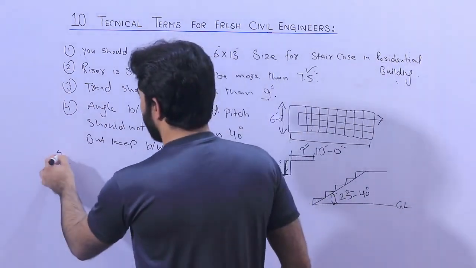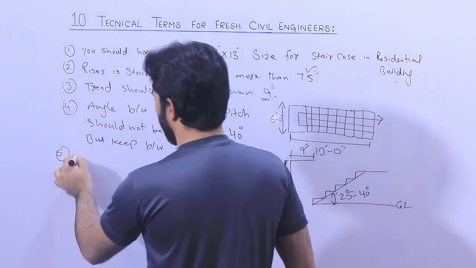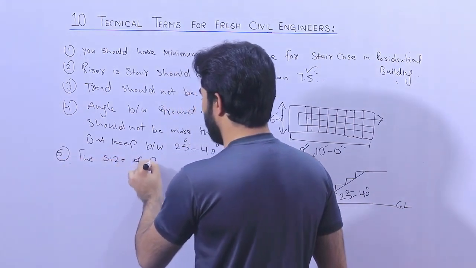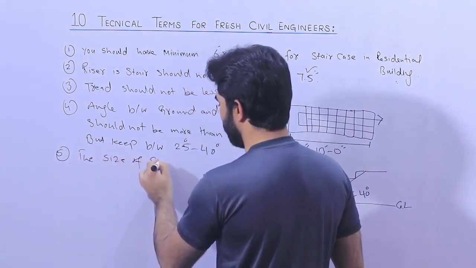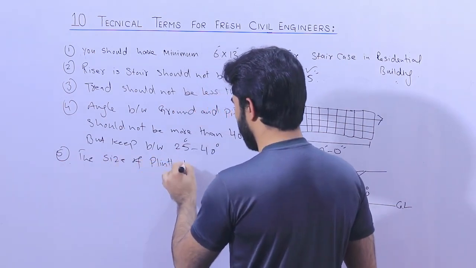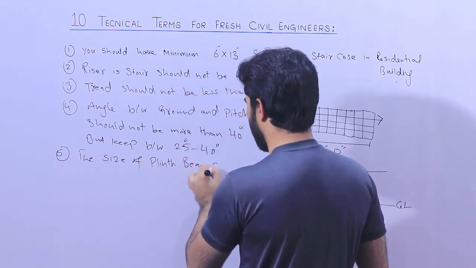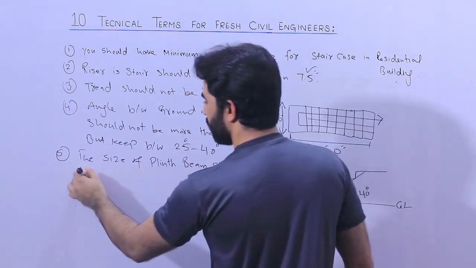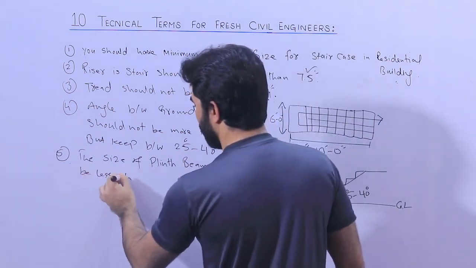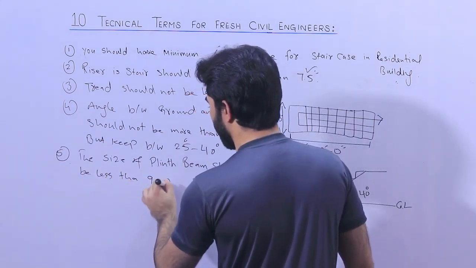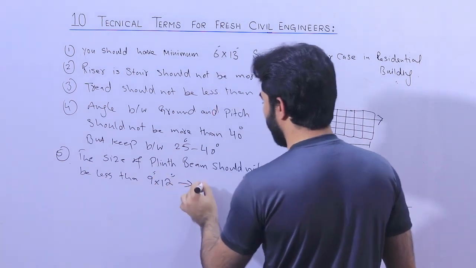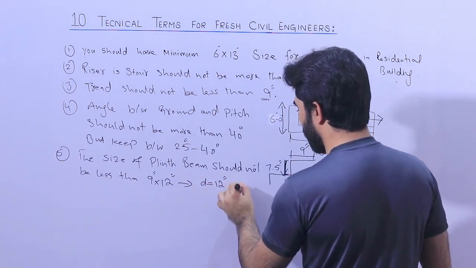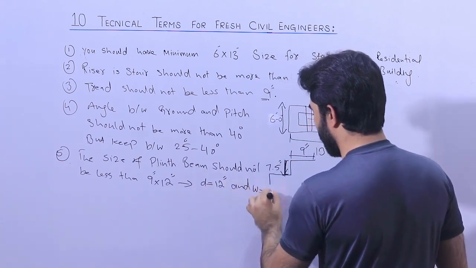The fifth one is, guys, very important. The size of the plinth beam should not be less than 9 inches by 12 inches, where the depth is 12 inches and the width is 9 inches.